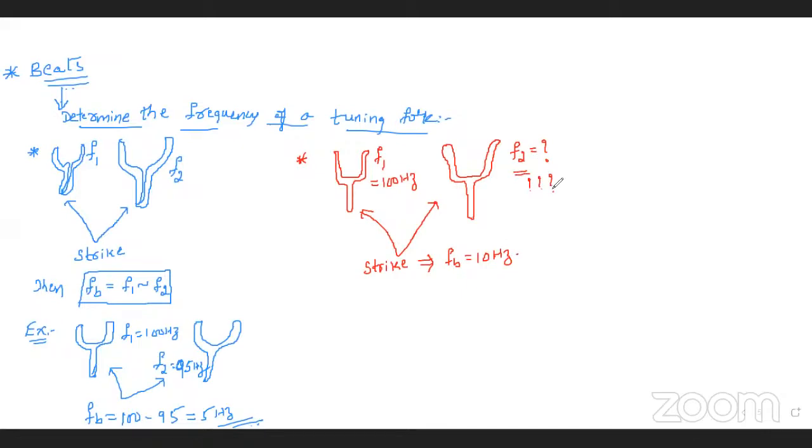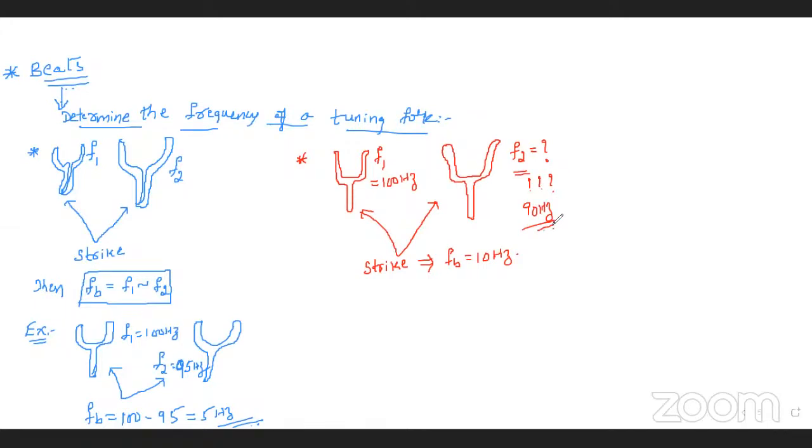Anyone can tell me what is the value of F2? Dhanlakshmi, can you tell me what is the value of F2? Sir, 90 Hertz. F2 is 90 Hertz. Okay. How you got this 90 Hertz?